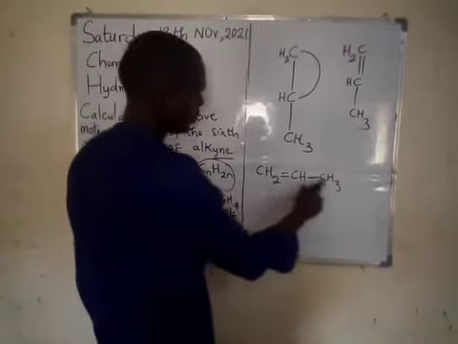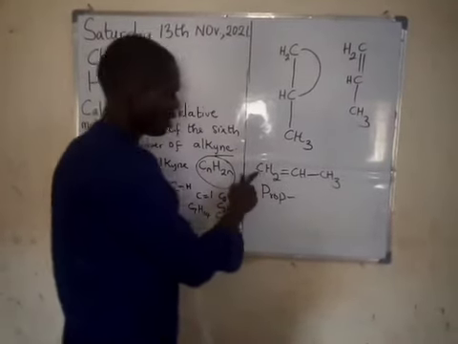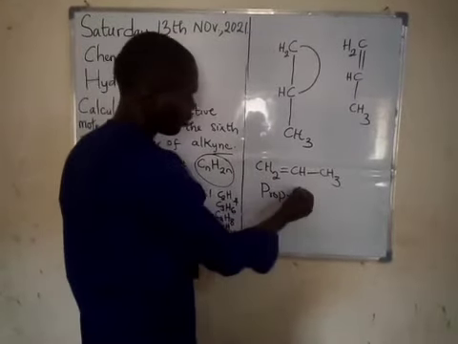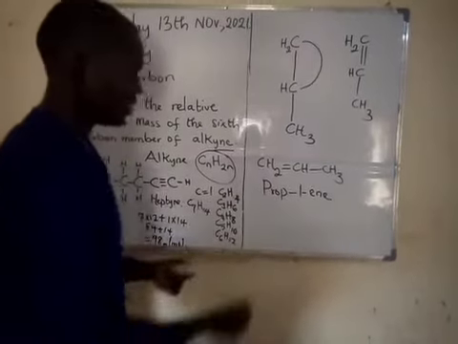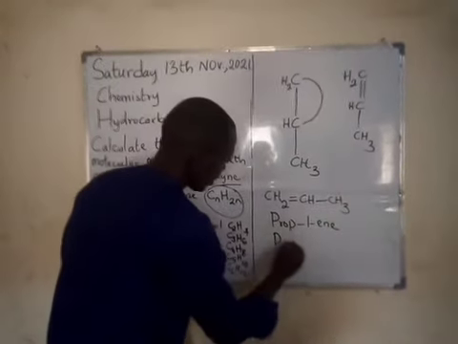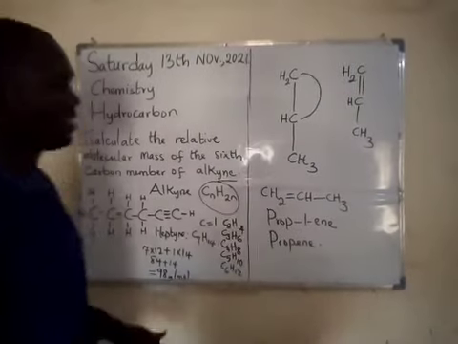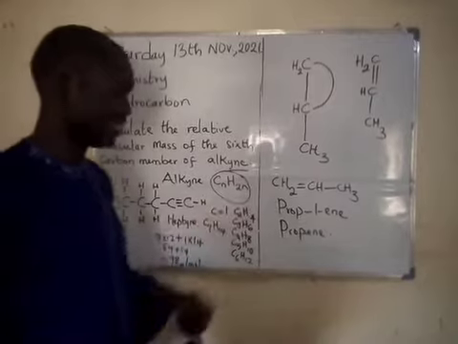Now 1, 2, 3, that is prop, because the double bond is at the first carbon, that is prop-1-ene, which is the same thing as propene. So that is the name of this structure. You see now that it is very simple.